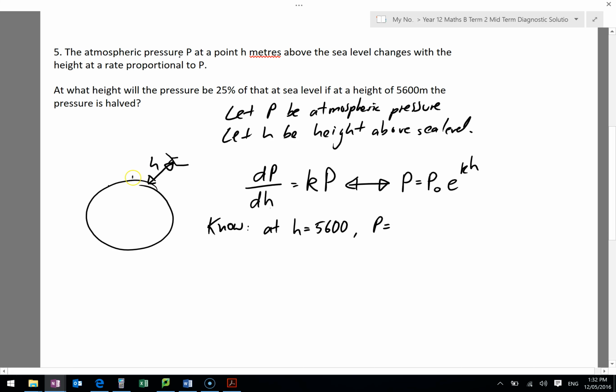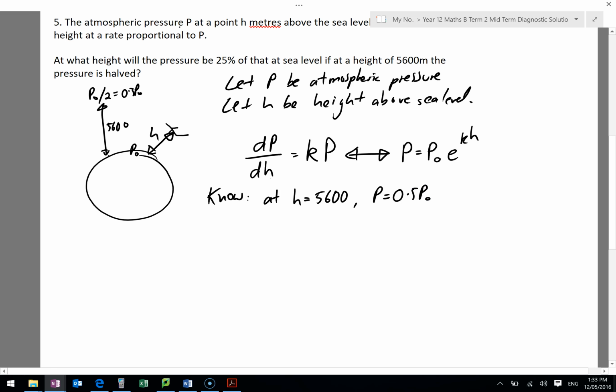So when I'm at sea level here, I've got P naught. When I am 5,600 meters above sea level, the pressure is half. So half of P0, P0 on 2, or 0.5 P0, whichever one you want. I'm going to choose 0.5 P0.